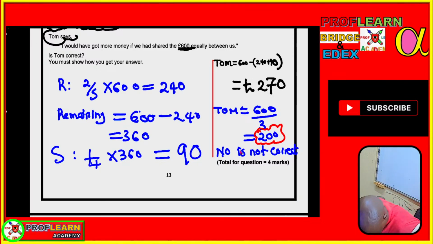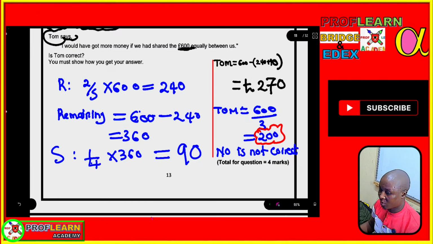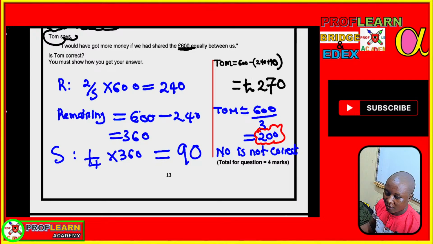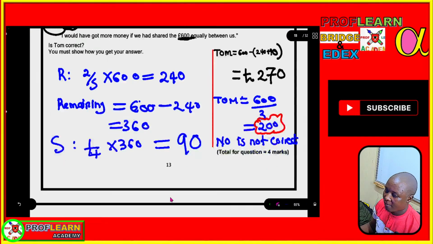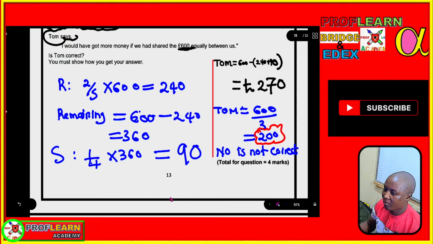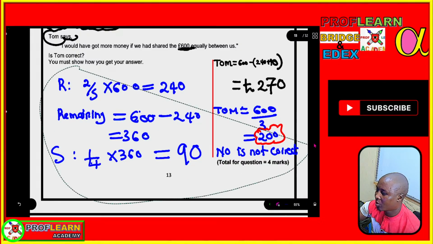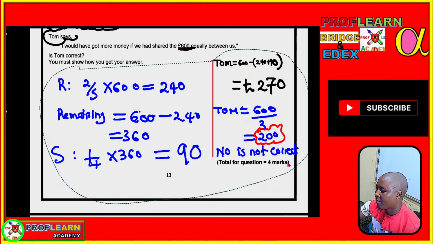So not true. Right. So Tom is not correct. Let them share that amount that way so that Tom can at least get a greater share.